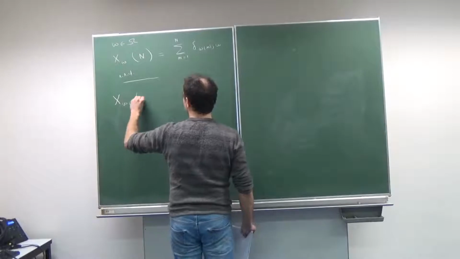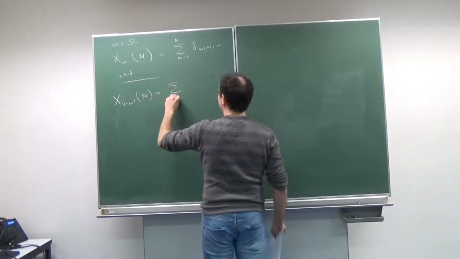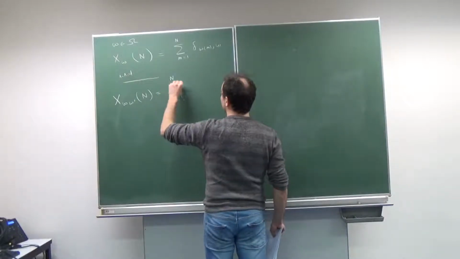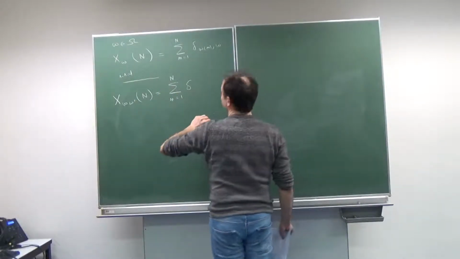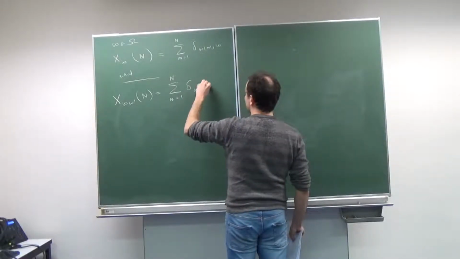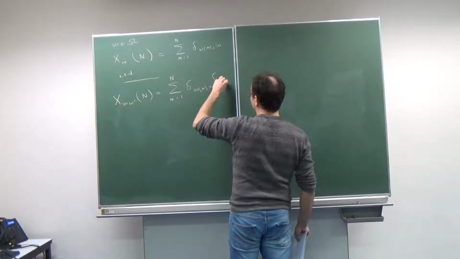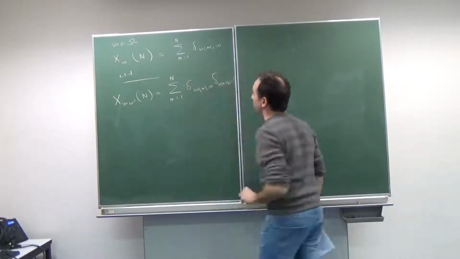two-state object, which is just the sum from i=1 to n of delta that omega_i is omega, times delta omega_{i-1} was in omega prime.